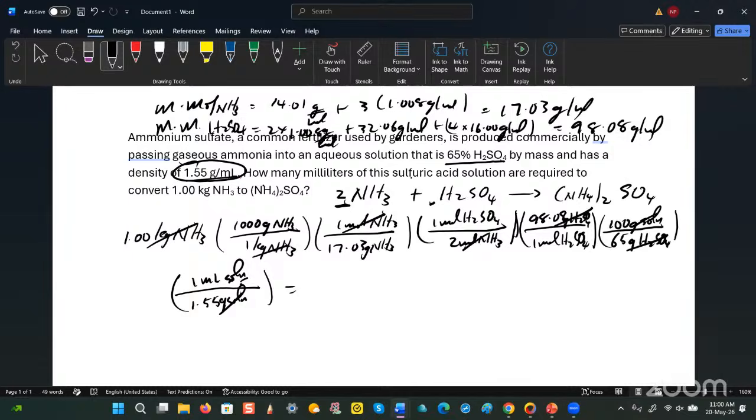So according to my calculation, now how many sig figs do I need to roll this out? Okay, looks like I have to roll this out to 2 sig figs. So the answer here is 2,900, rounded to 2 sig figs, milliliters of solution. And that's how you do that.